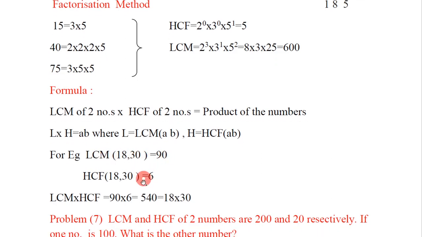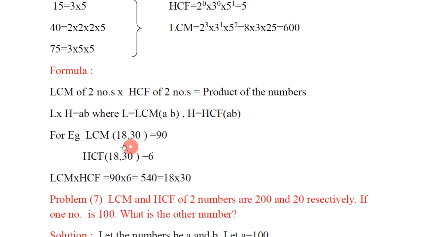So now find their product. LCM into HCF, 90 into 6, 540. Then find the product AB. A is 18, B is 30. So it is also 540. So we can see that L into H equal to A into B. This is just an example to verify the formula.